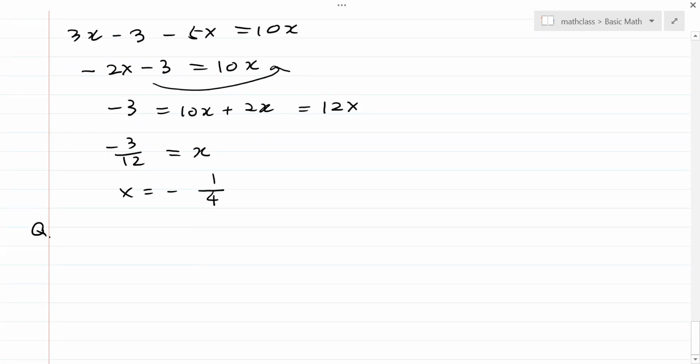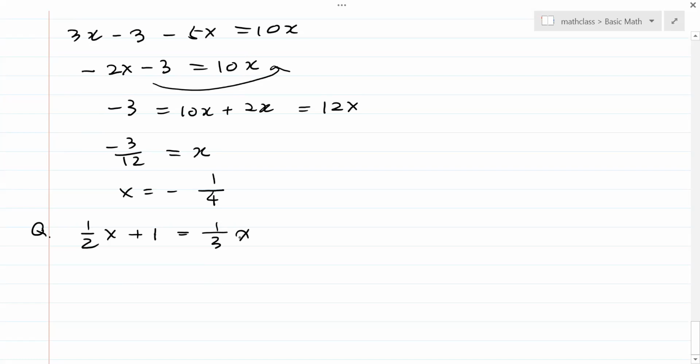So we have the next one. Now this equation looks simple, but we have two different fractions there. The denominator is different, 2 and 3. Okay.